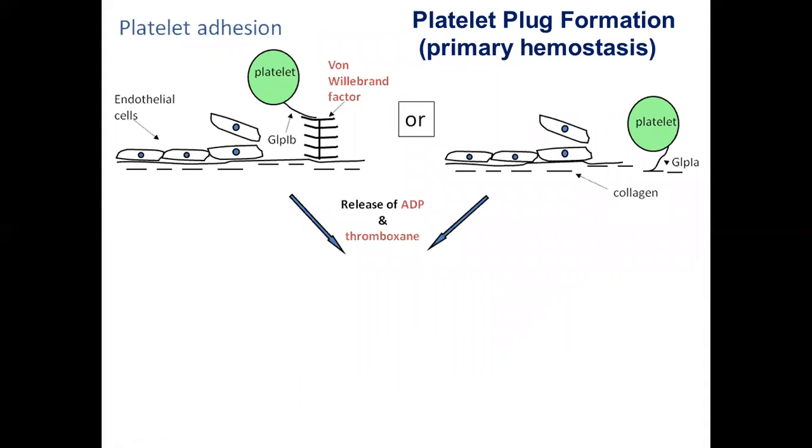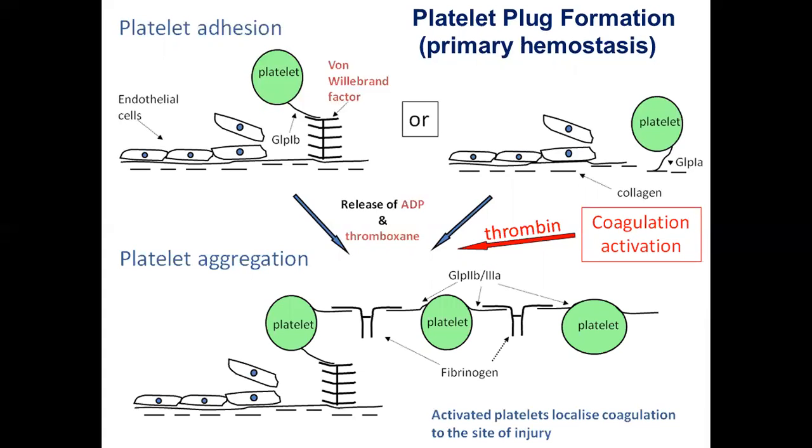Activated platelets release many factors that promote hemostasis, including adenosine diphosphate, a potent activator of platelets, and serotonin and thromboxane, which assist hemostasis as vasoconstrictors. Von Willebrand factor enhances platelet adhesion and aggregation. Platelet-derived growth factors promote wound healing by stimulating growth and migration of fibroblasts and smooth muscle cells at the site of injury.